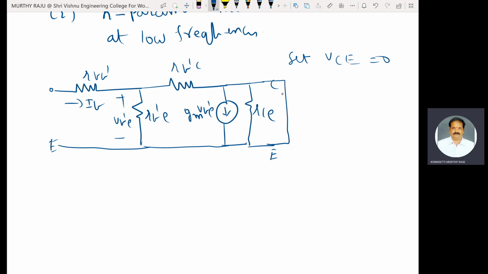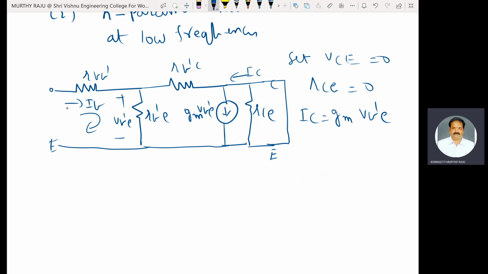VCE equal to 0 means short circuited, so due to the short circuit, RCE is also 0. This is the short circuit collector current IC. IC is equal to GM into VB dash E.